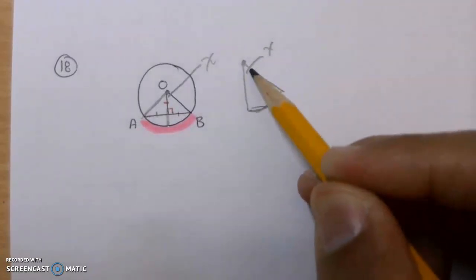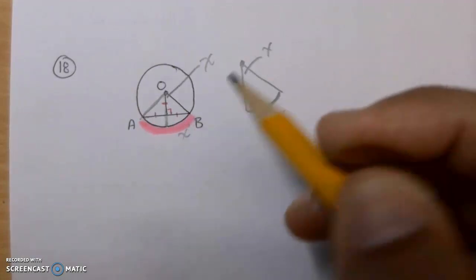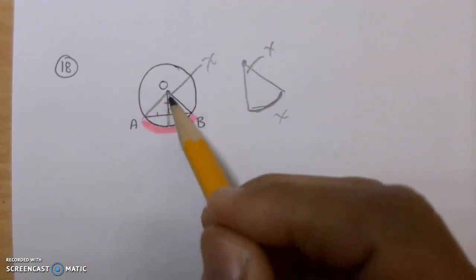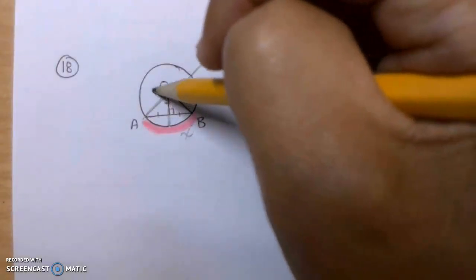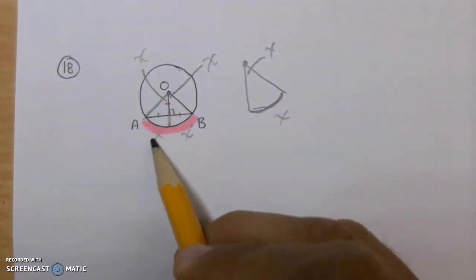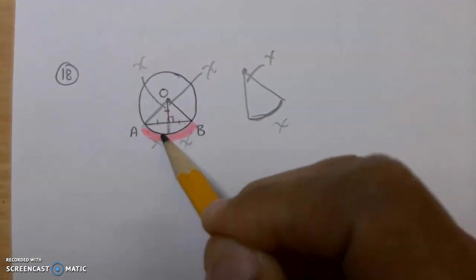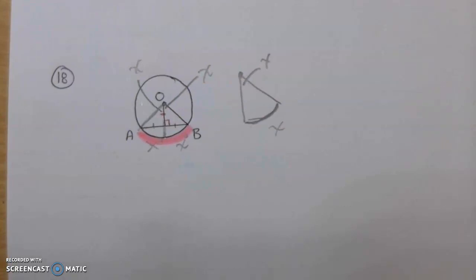So if I find out that this is 60 degrees, then this arc here is also the same, 60 degrees. By the way, this is split perfectly, so this is also x. And again, if I can figure out what x is, that will be this side of the pink arc, AB. So I need to figure out the measurement of this inside angle there.